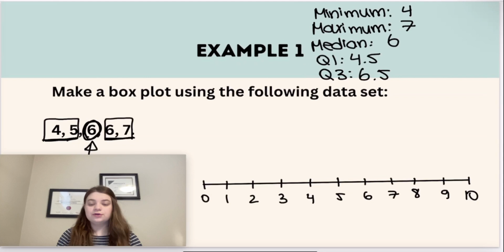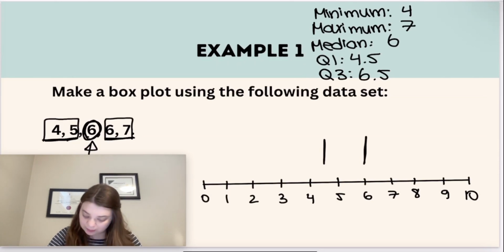Then I'm going to first locate the median. The median was 6, we said, so I'm going to put a line here at the median. Then Q1 is 4.5, so I'm going to put another line halfway between 4 and 5. Then Q3 is 6.5, so I'm going to put another line right here, halfway between 6 and 7.